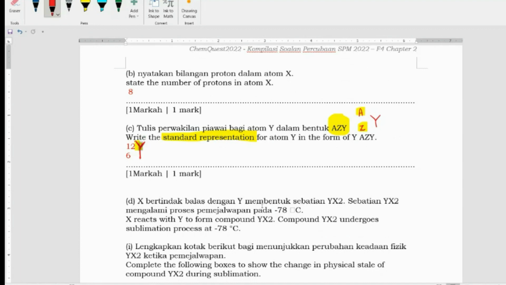Cornelia? Apa jawapan kamu? Ini adalah ionic ke covalent? Ya, cikgu. Apa jawapan kamu? Tak tahu.